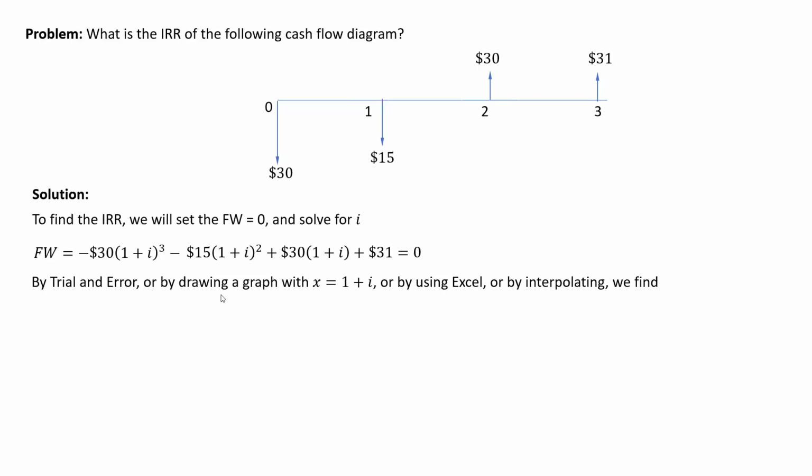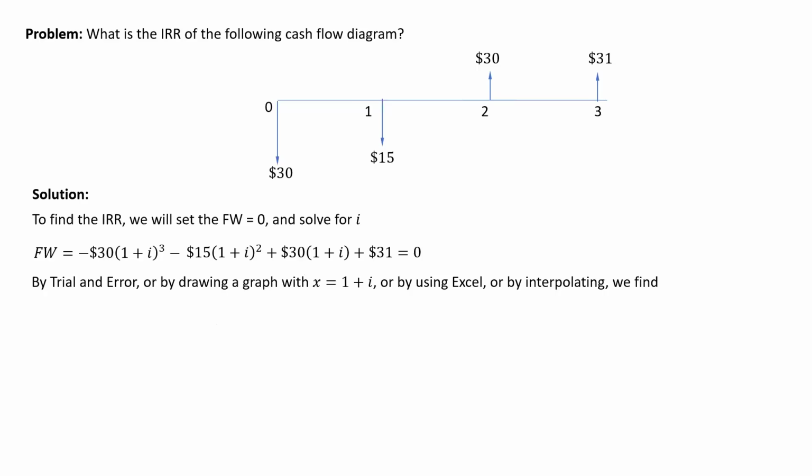What I have done is I set x equals 1 + i. That made it into minus 30x cubed plus 15x squared plus 30x and so on. Then I figured out what the value of x is, and then I figured out what i is. I used Excel, or maybe I used GeoGebra to draw this polynomial and look at where the roots were.